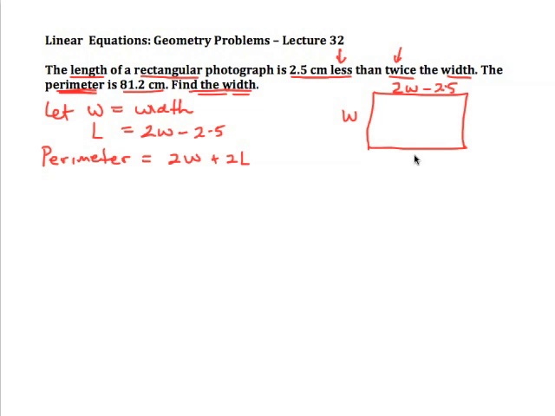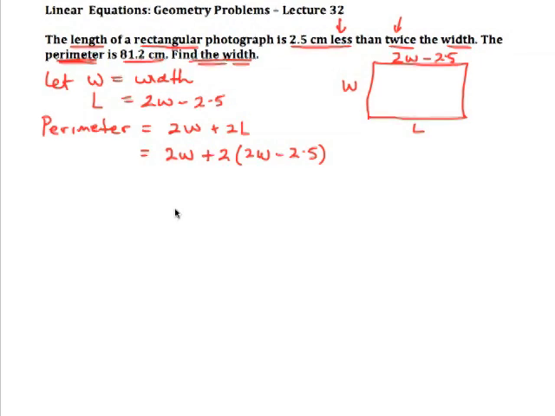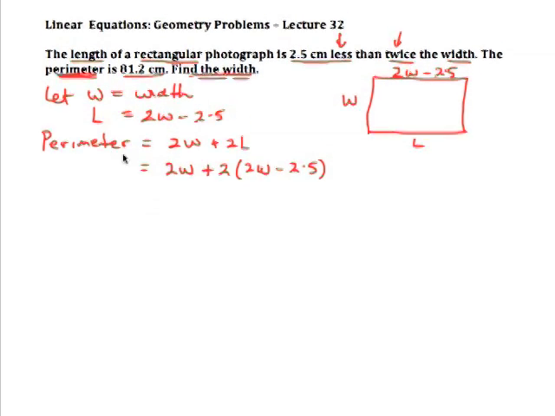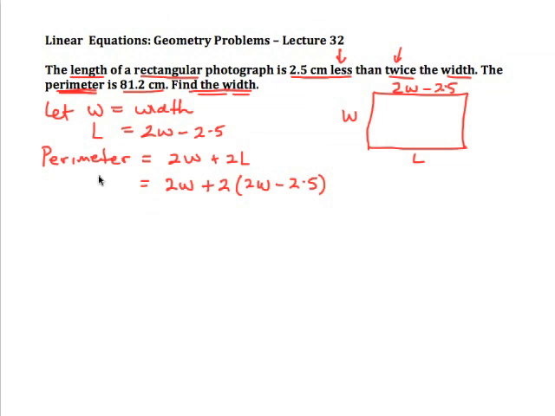Notice that there's 2 of these and there's 2 of these, but we know the length is this. So it's going to be equal to 2W plus twice 2W minus 2.5.